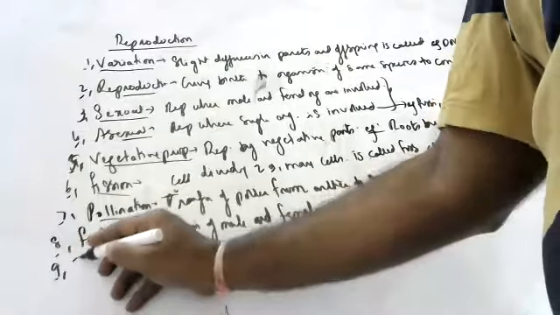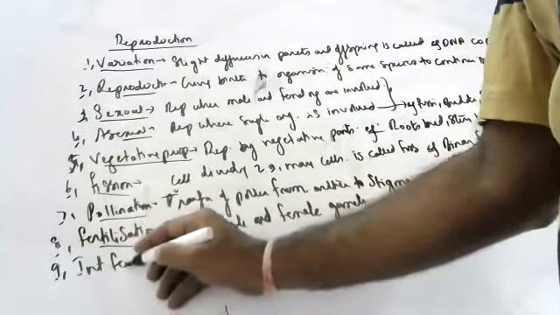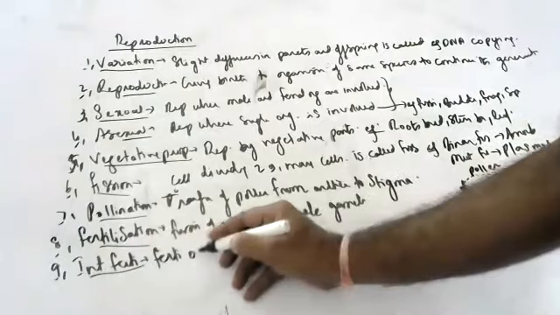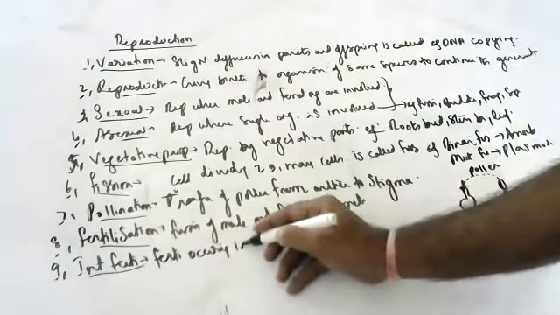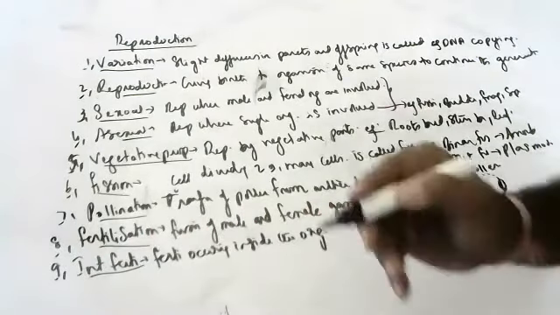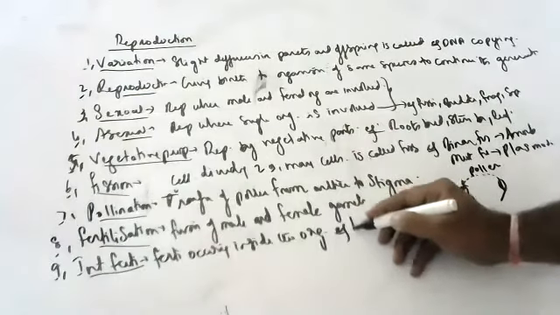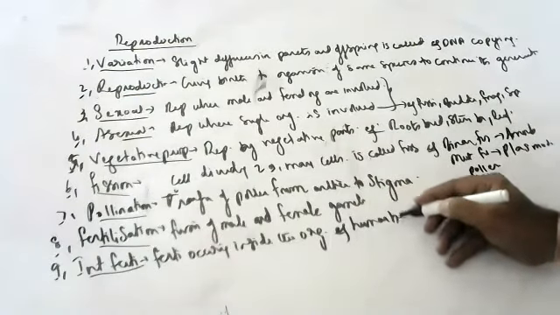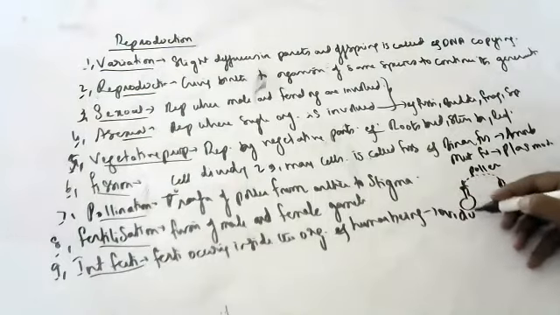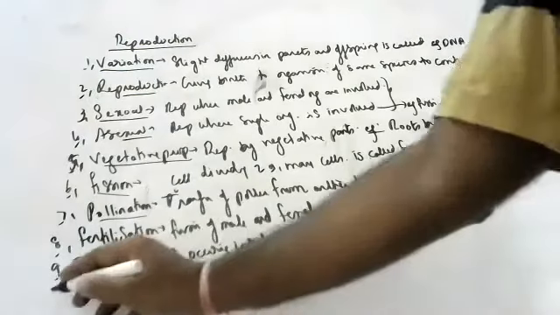Internal fertilization is fertilization occurring inside the organism. Example, human beings: in human females, fertilization occurs in the oviduct.